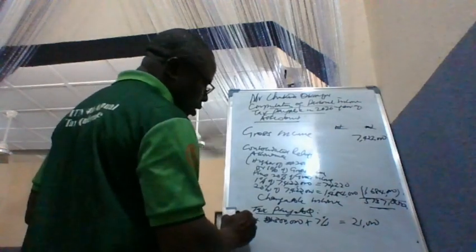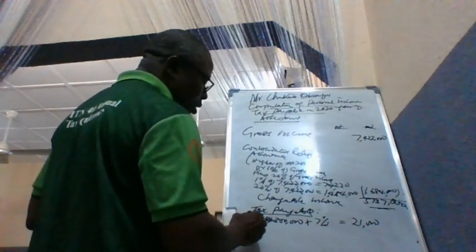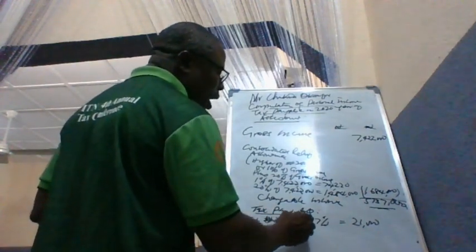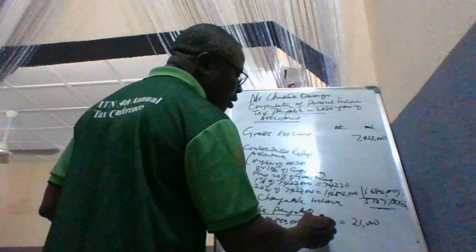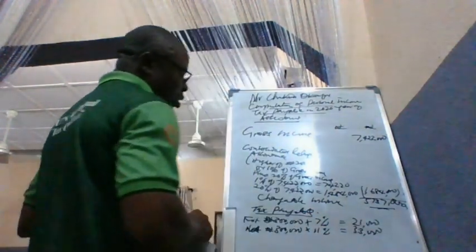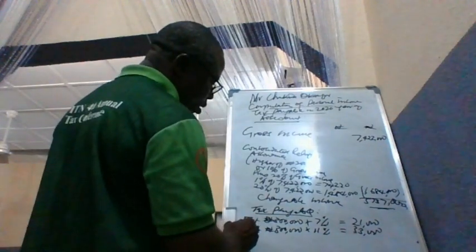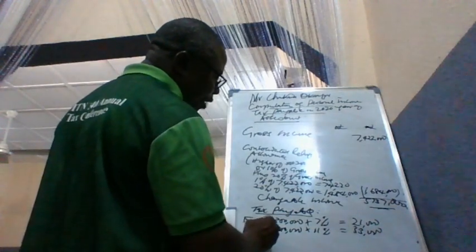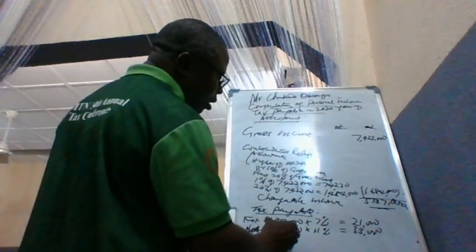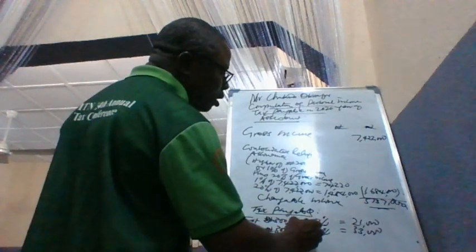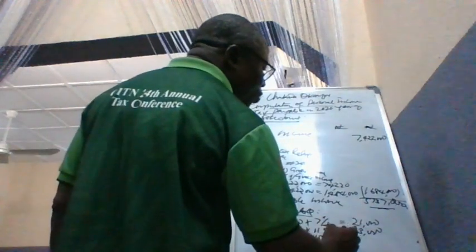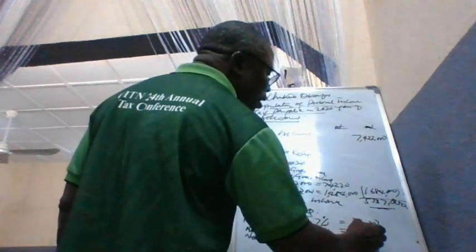Then the next 300,000 naira times 11% will give you 33,000 naira. Now the next 500,000 naira times 15% will give you 75,000 naira.